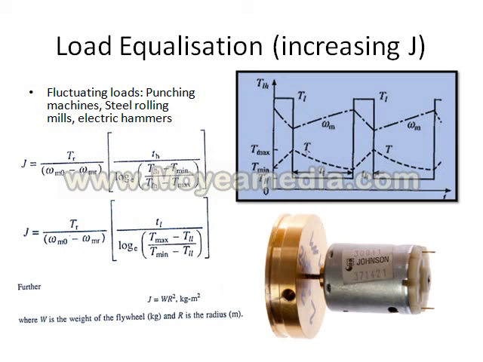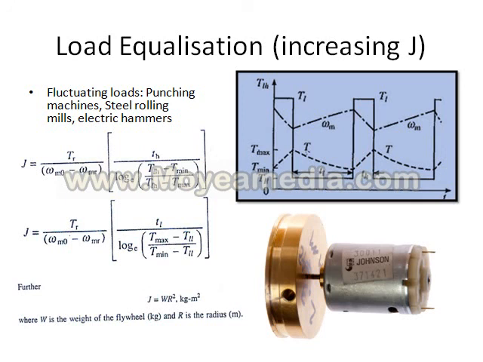In such drives, if the motor is required to supply the peak torque demanded by the load, then the motor rating has to be high. Also, the motor will draw a pulsed current from the supply. This will give rise to line voltage fluctuations, which adversely affect other loads connected to the line. Such problems of fluctuating loads can be overcome by mounting a flywheel on the motor shaft.